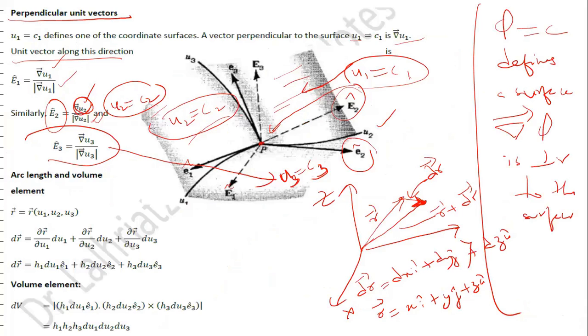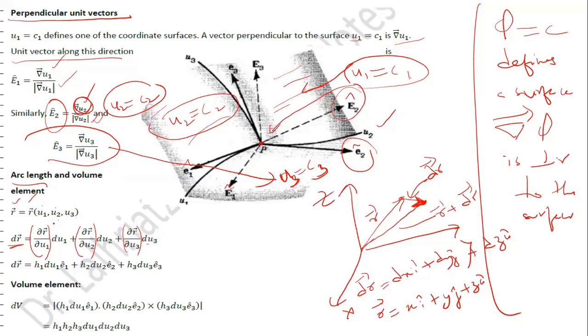In this orthogonal curvilinear coordinate system also, you can express your position vector as a function of the three coordinate variables u1, u2, and u3. So if this position vector is a function of three coordinate variables u1, u2, u3, any change in r, dr, the change in position vector called the arc length here, can be expressed as del r upon del u1 du1 plus del r upon del u2 du2 plus del r upon del u3 du3.